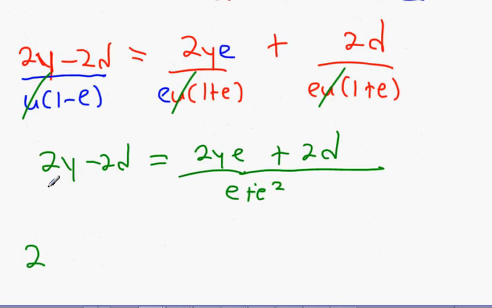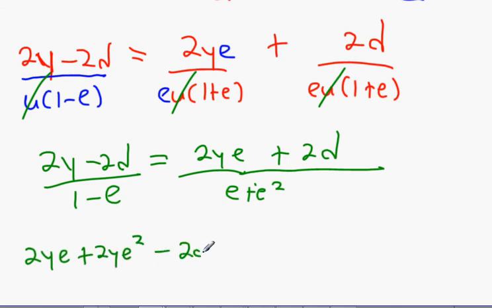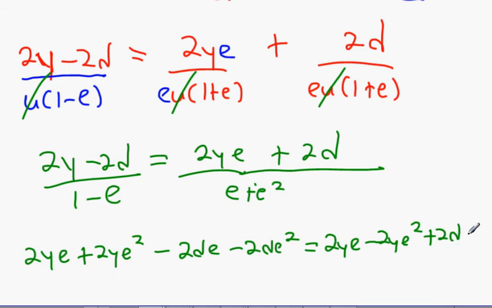No, I haven't. Okay? Cross multiply. 2ye plus 2ye squared minus 2de minus 2de squared equals 2ye minus 2ye squared plus 2d minus 2de.